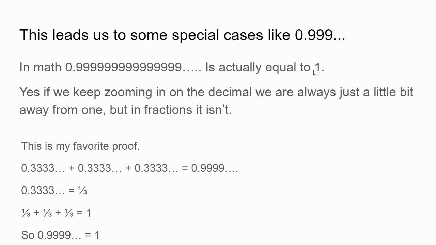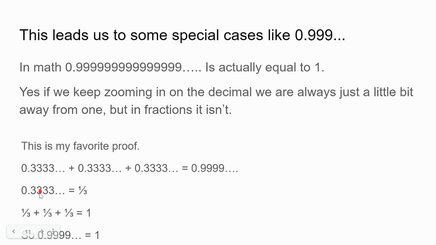And I zoom in and it's always a little bit off from the 1. But it's a fraction, right? So if I think about 0.999 repeating, that's like 0.3 repeating plus 0.3 repeating plus 0.3 repeating, right? 3 plus 3 plus 3 is 9. And if I'm repeating all of those, that's 0.999 repeating.